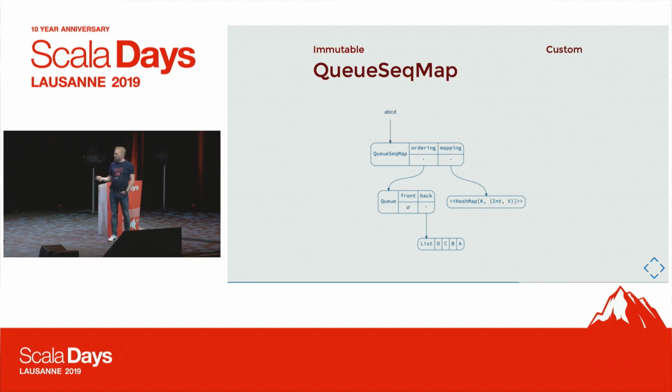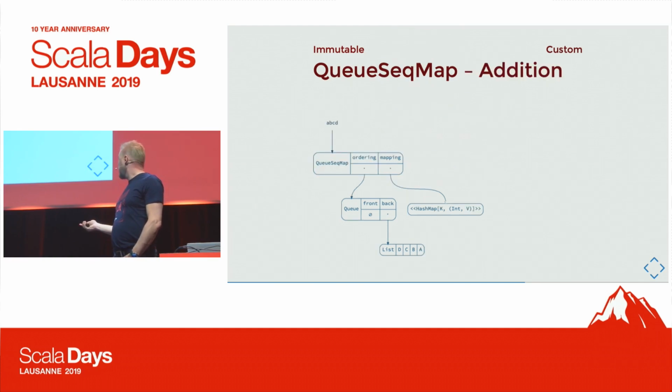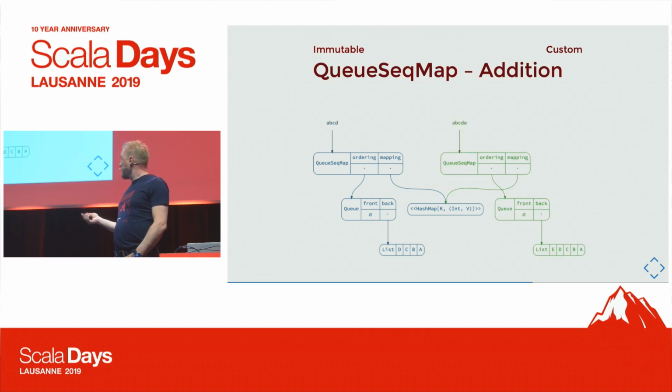You can read more about this. Chris Okasaki has written a book about these kinds of data structures, and he mentioned it's also called a banker's queue. And the hash map is still the same there. So when you add something here, you have to prepend here.